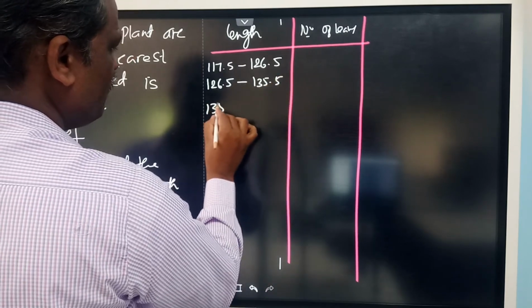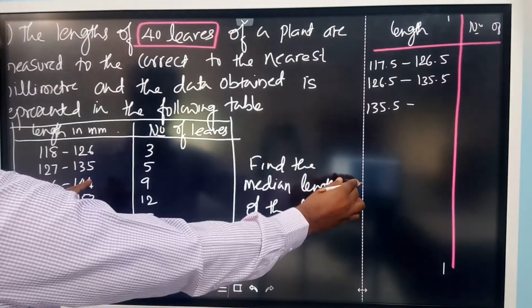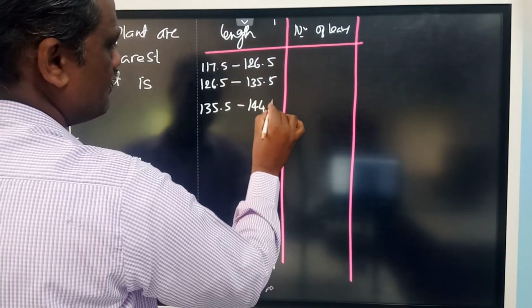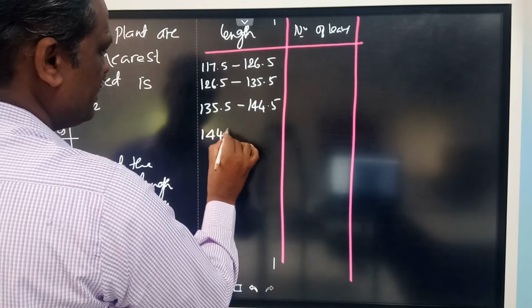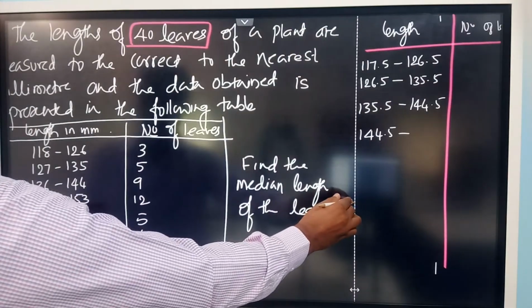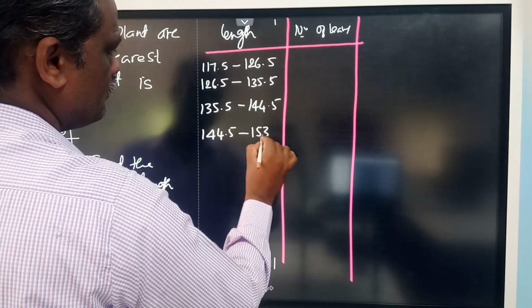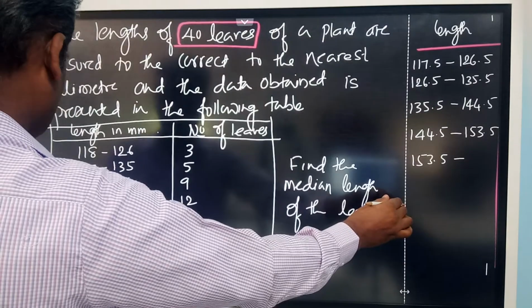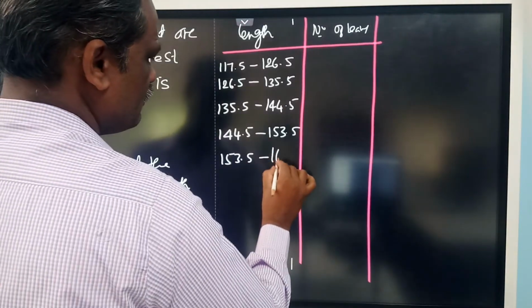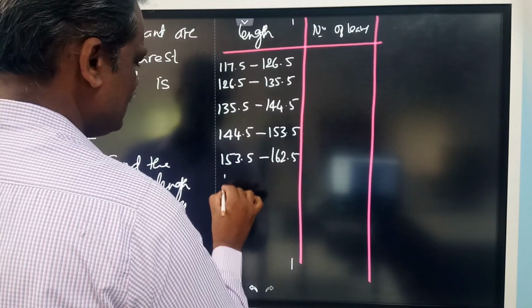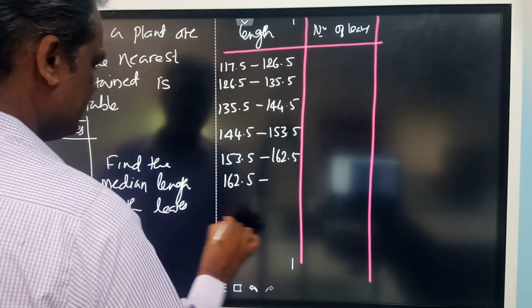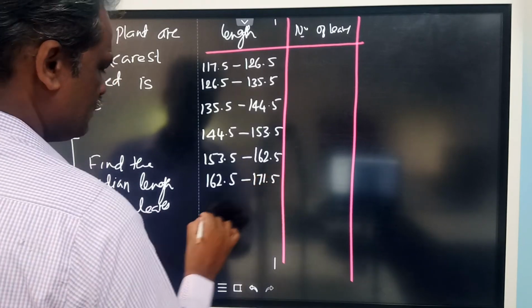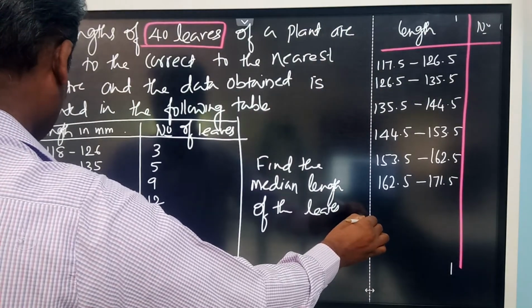Then 135.5 to the next class interval, 144.5. Then 144.5 to 153.5. Then 153.5 to 162.5. Then 162.5 to the next one, 171.5. This is the only difference between the previous question and this question.